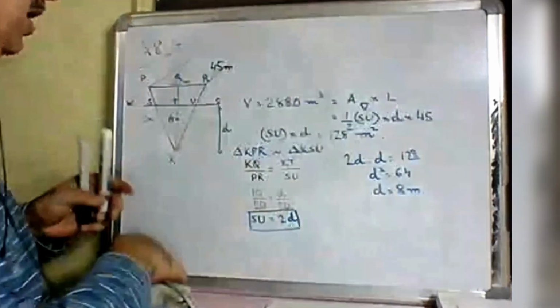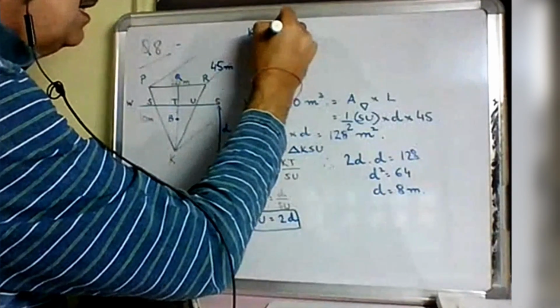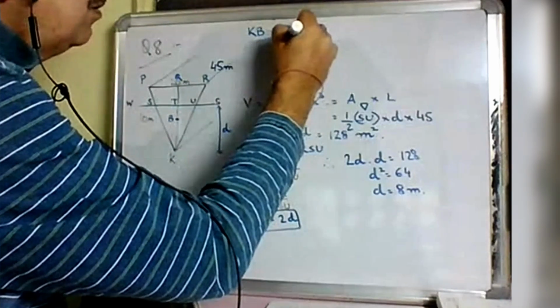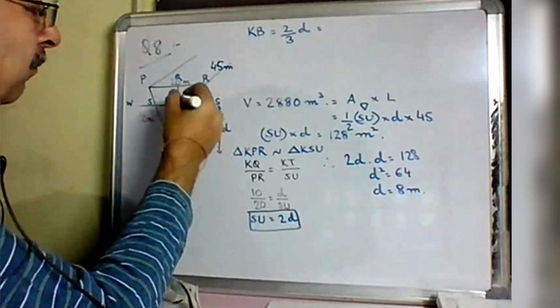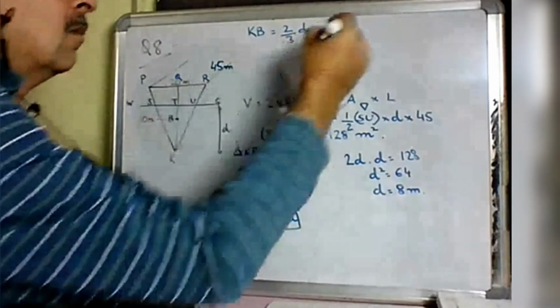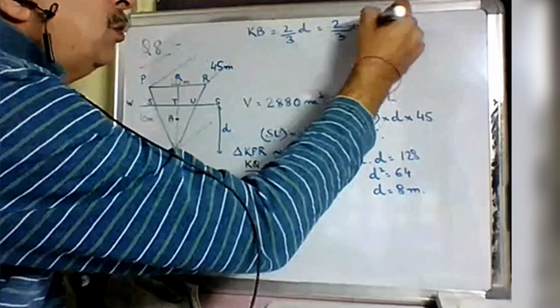So if D is equal to 8, now you have the draft. KB will be equal to 2/3 D: 2/3 from the apex, 1/3 from the base. So KB is 2/3 into 8.